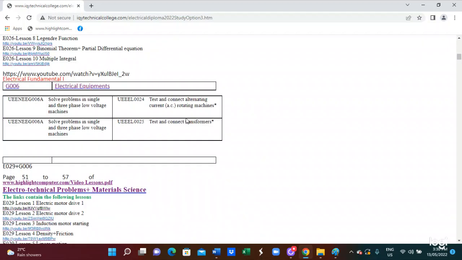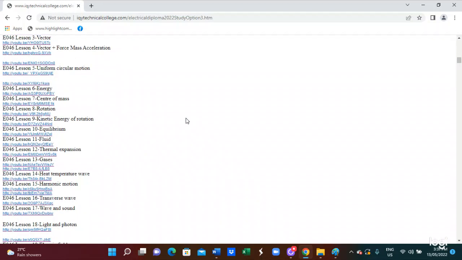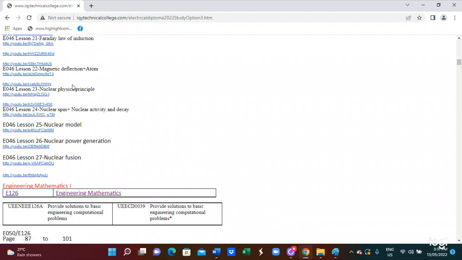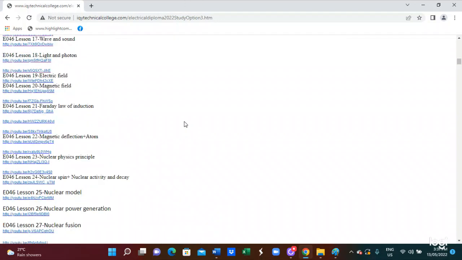Go down and you see E082, from lesson 23. Lesson 23 is nuclear physics principles, lesson 24 is nuclear spin, nuclear activity and decay, lesson 25 is nuclear model, lesson 26 nuclear power generation, lesson 27 nuclear fusion. Those things you have to view as video, and after this their notes are here.